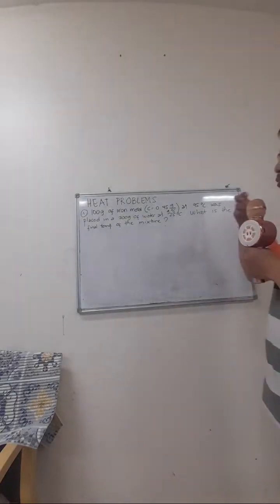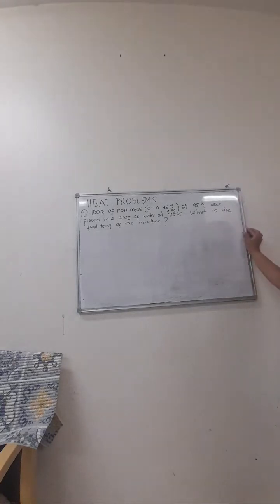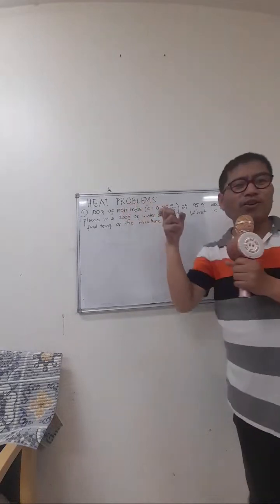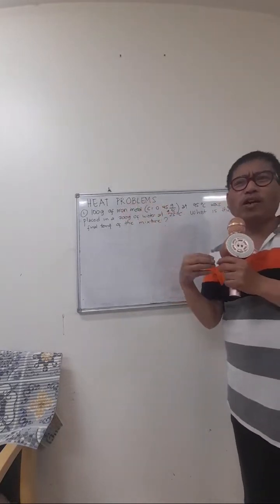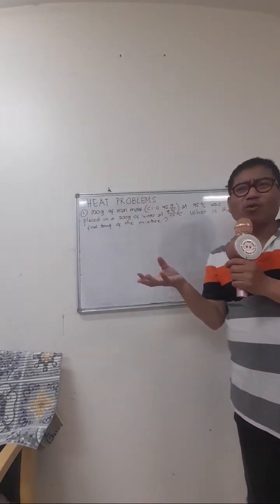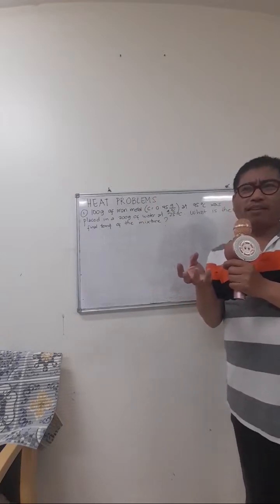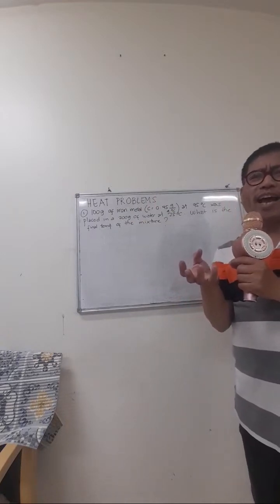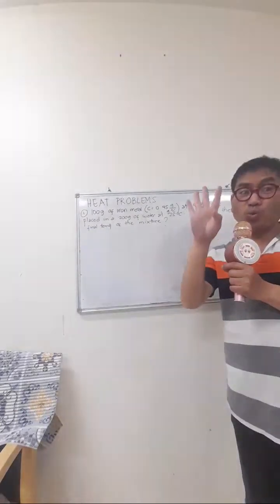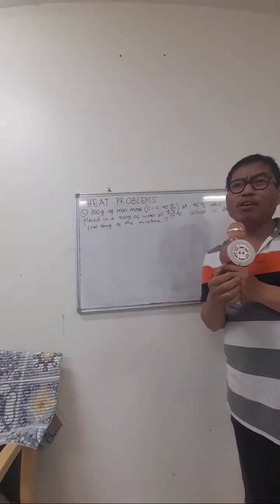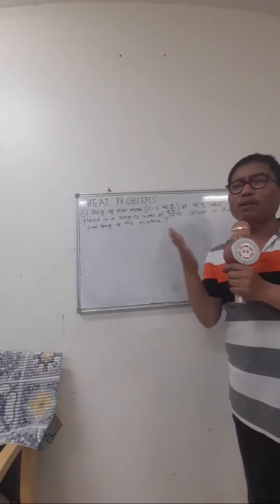Our problem starts with 100 grams of iron metal. Remember iron is the raw material for the rusting process and corrosion process. So we have Fe positive 2, Fe positive 3, iron 2 and iron 3, because iron belongs to the transition metals in the periodic table.